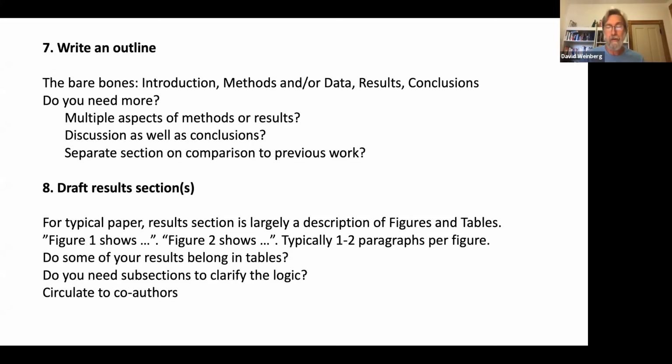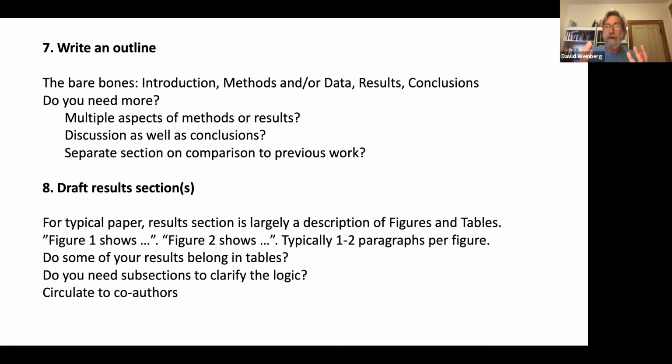And part of what you should think about in your outline is, do you need more than those 4 basic sections? It might be that your methods have multiple components. There's a simulation part and an analytic part, or a simulation part and an observational part.